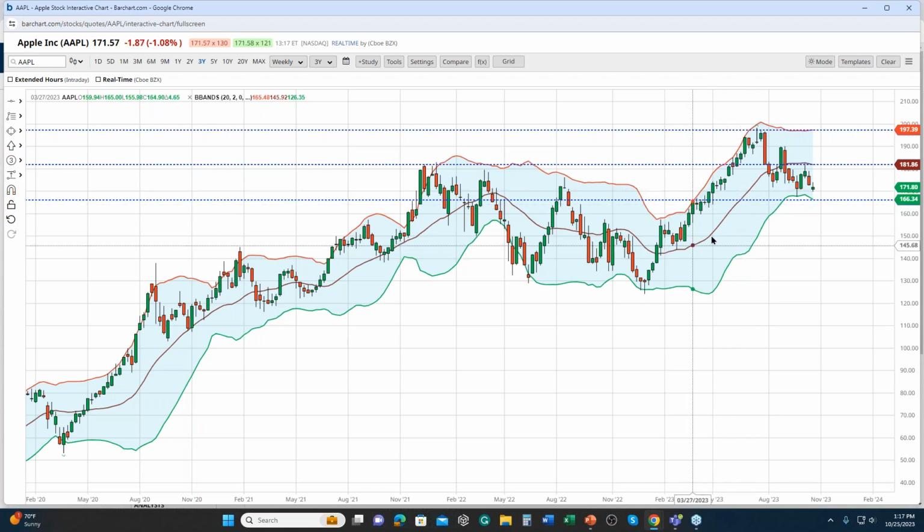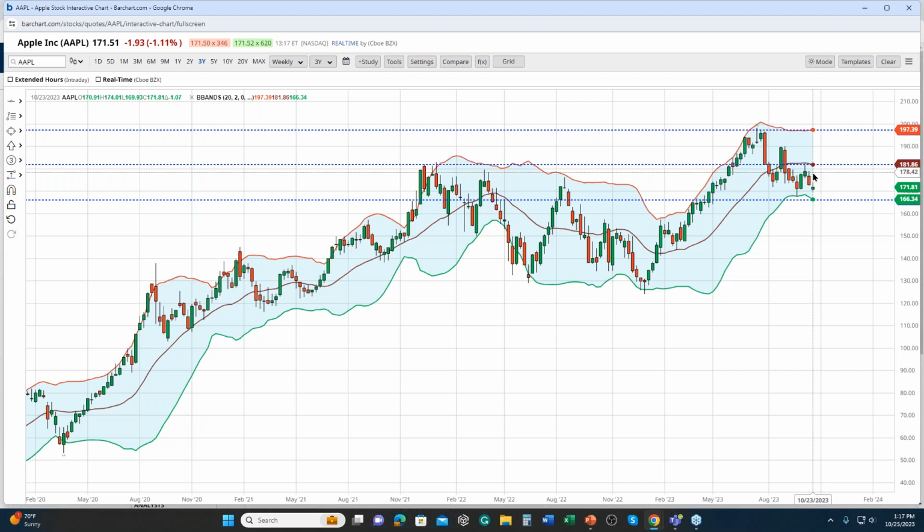Now, we have been trending upwards here in Apple, but as of recent, we have kind of a sideways price action. Now, I'll also take note of where price is in relation to our means and our outer bands. And what we can see here on the weekly chart is that, think about that Disney, right?